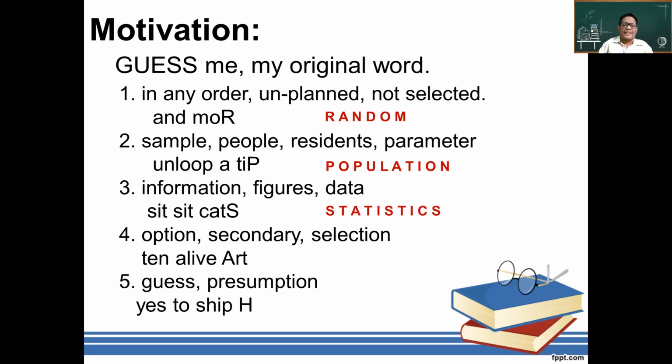Number 4, it is an option, a secondary, or a selection. It starts with letter A. So if you have the first choice, what do you call the second choice? Yes, of course, it is an alternative. Correct. And number 5, it is a guess or a presumption. We all heard that one already. Yes, it is hypothesis. Correct.